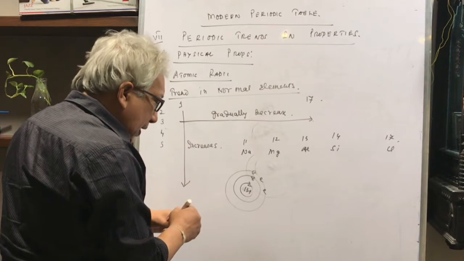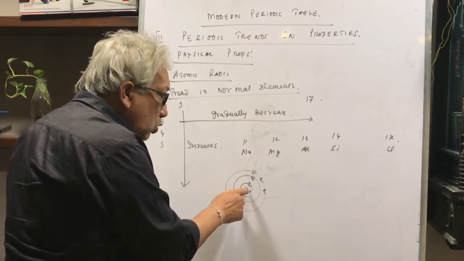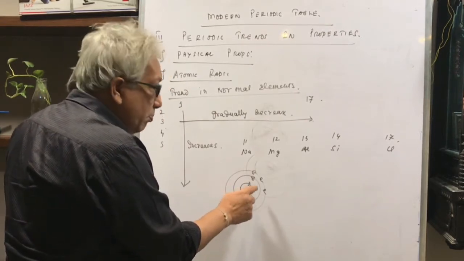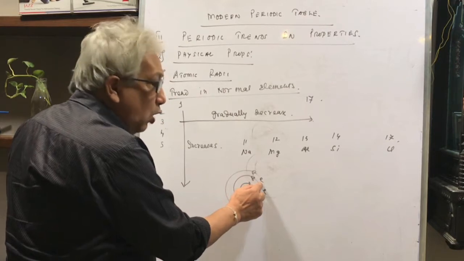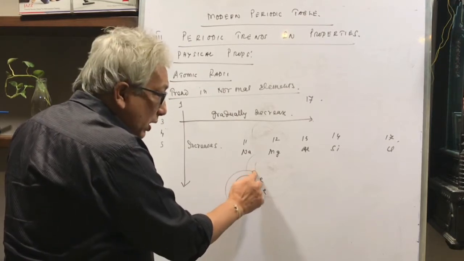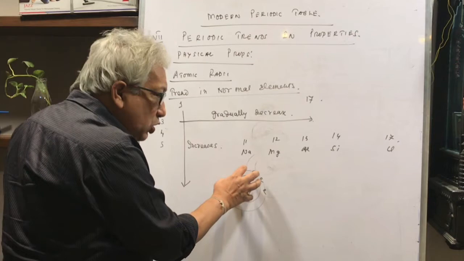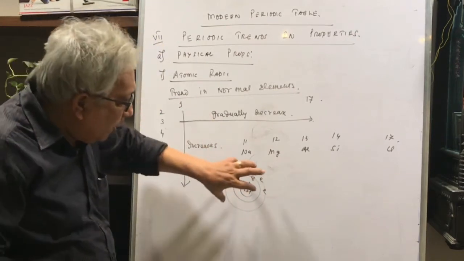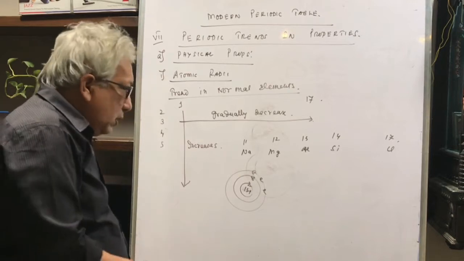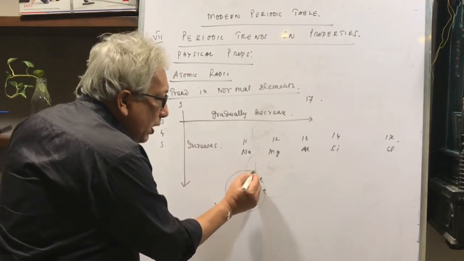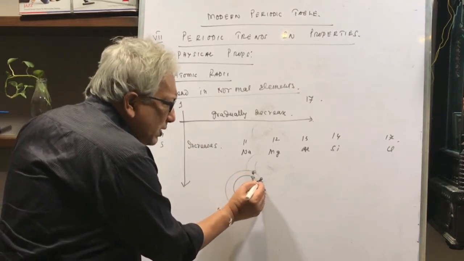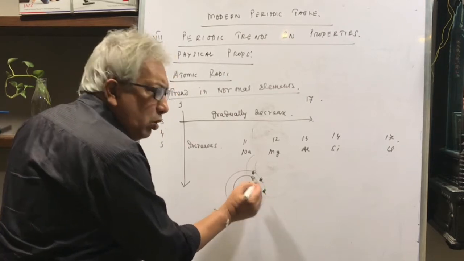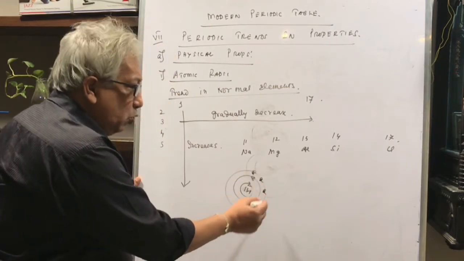Now you can understand that the nuclear charge goes on increasing, but there is no addition in the outermost shell. So obviously the attraction enjoyed by the electrons in the outermost shell becomes a little more, and because of that these electrons come a little closer, and therefore you can say there is a slight contraction or shrinkage of the outermost shell.